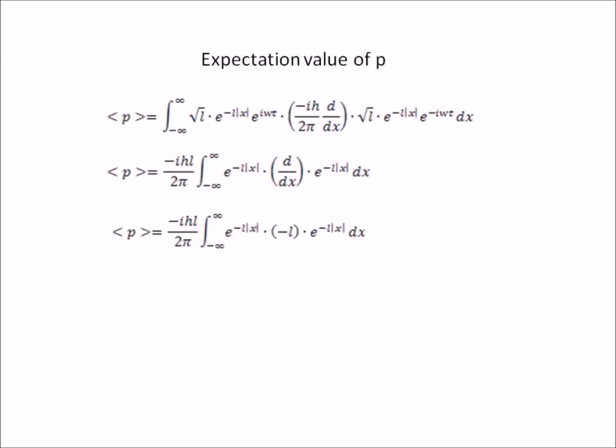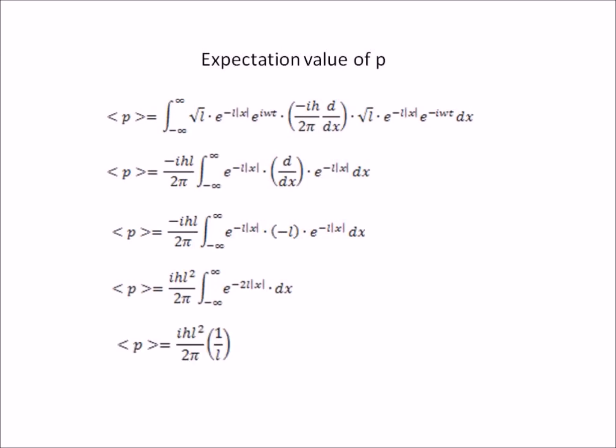So we first have to calculate the derivative of e raised to minus Lx, and then we have to multiply it, and then again we will integrate it. So the derivative of this is minus L into e raised to minus Lx. So now multiplying and taking minus L outside of the bracket, we can get i h L square by 2 pi integration e raised to minus 2Lx dx from minus infinity to plus infinity.